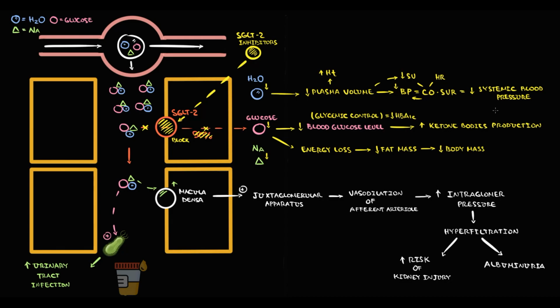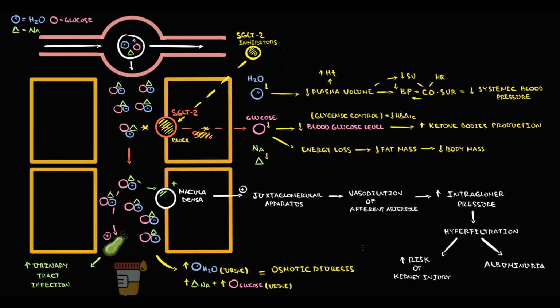If we do not reabsorb glucose, water and sodium, they will go further through the renal tubules. First of all, this will cause an increase in the amount of water, sodium and glucose in the urine. Because the excretion of water increases, this will cause a diuretic effect. And because the reason for increased water excretion is increased excretion of sodium and glucose, which are osmotically active substances, we call this osmotic diuresis.